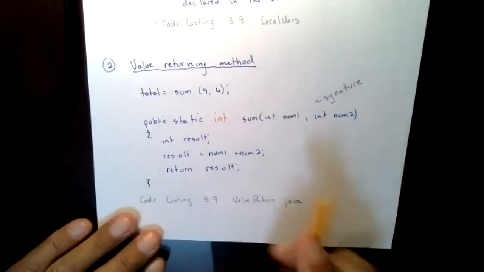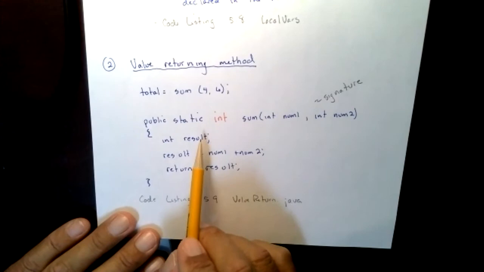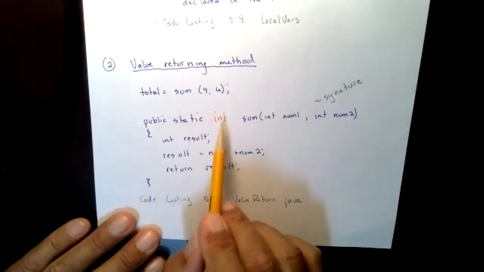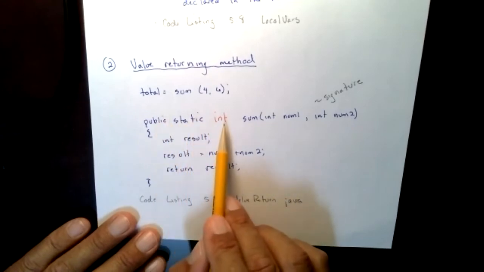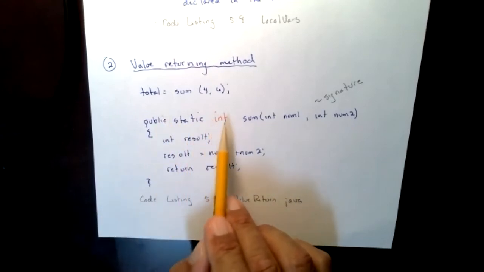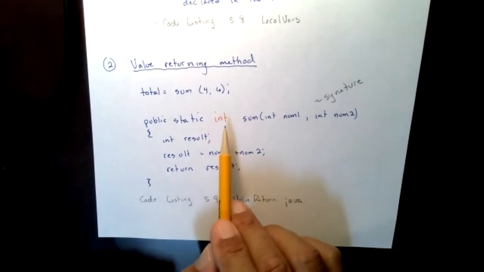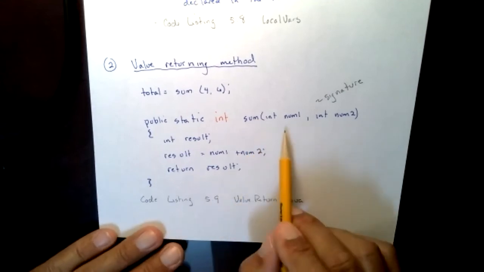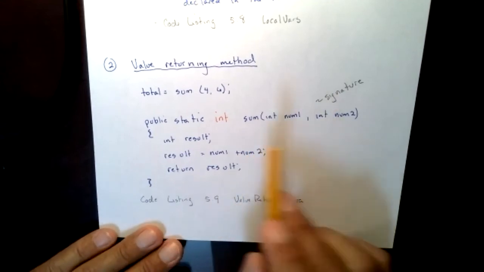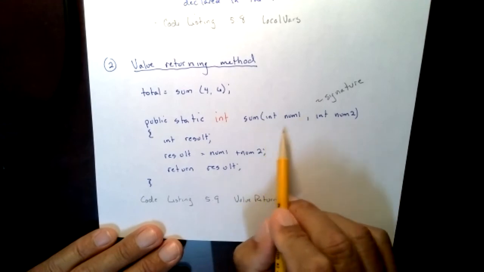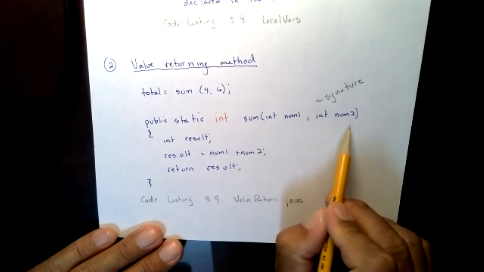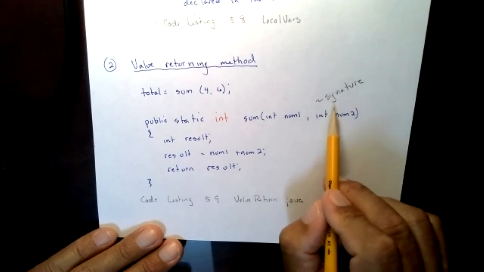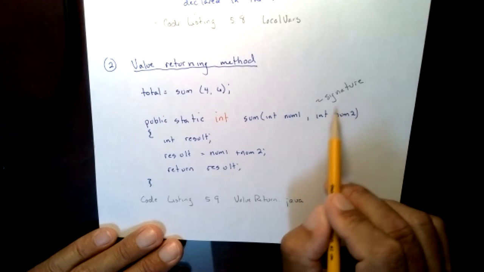So let's take a look at what I have. This time I know I'm returning a value. I'm going to store it in total, and total better be an int because I say public static int. Earlier for a void method, it was void, but now it's an int. The method name is sum followed by 2 parameters because I had 2 arguments, 4 and 6. My parameters int num1 and int num2. Another name for a parameter list is its signature.